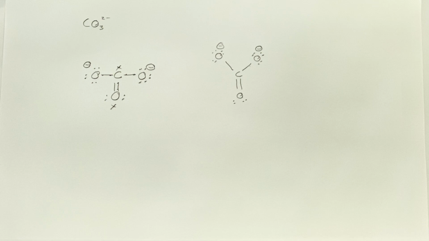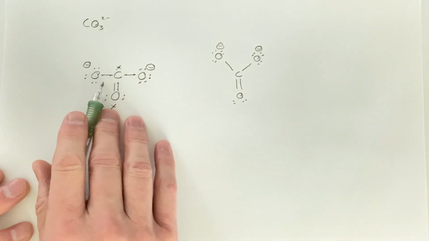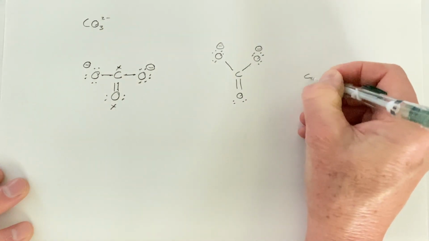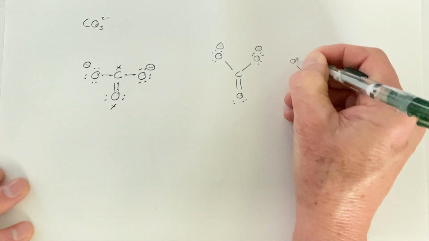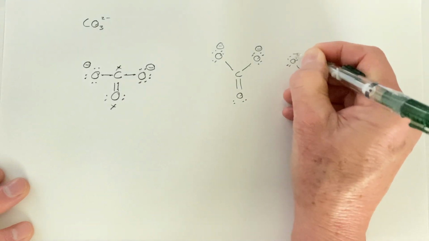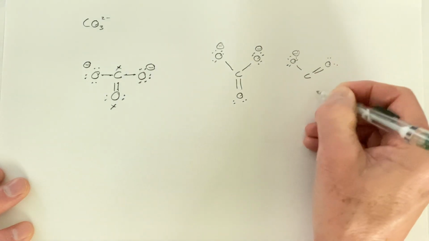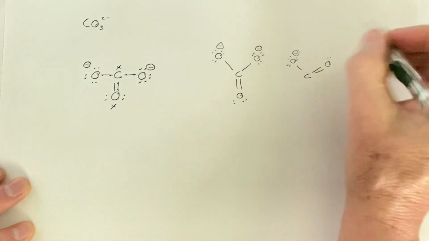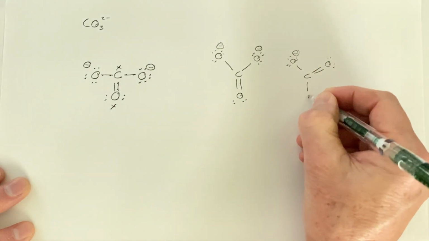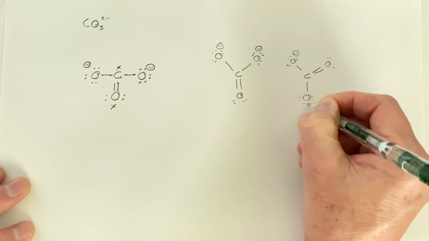When we get to carbonate, we can see that there are 3 oxygen atoms, 1 has a double bond, and 2 have charge. But is this the only way to have drawn the Lewis structure? If I think carefully, I could say, well, no, I could have drawn the Lewis structure with a negative charge here and a double bond here, and another negative charge here.